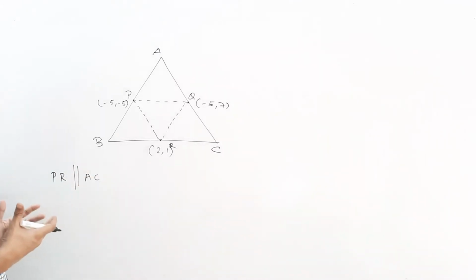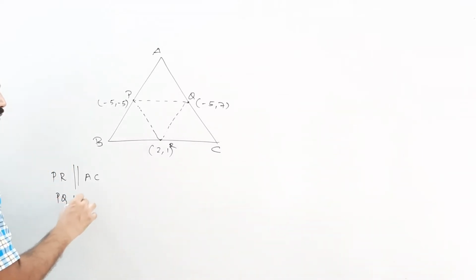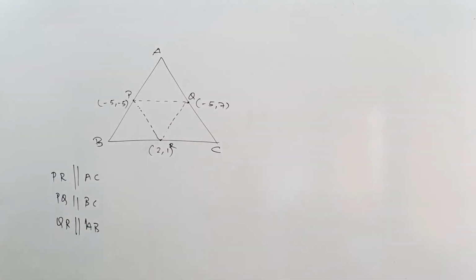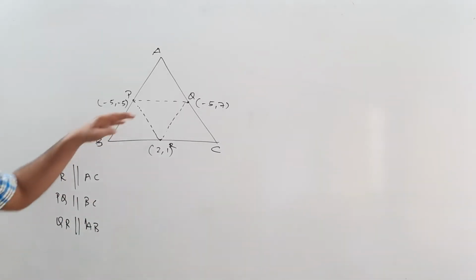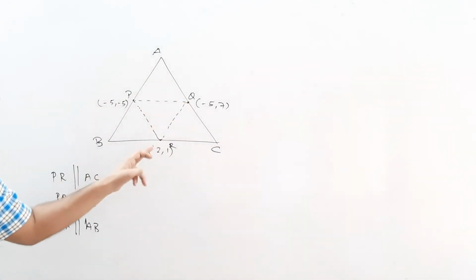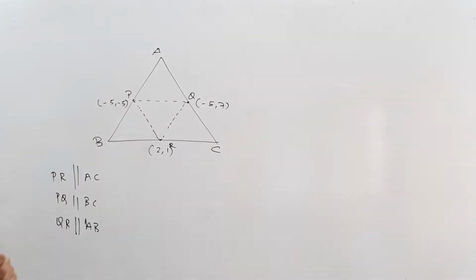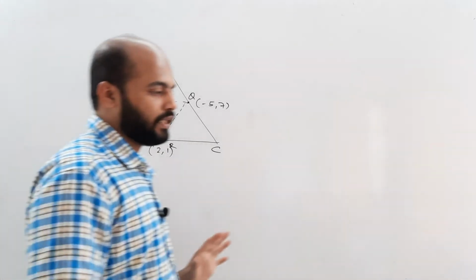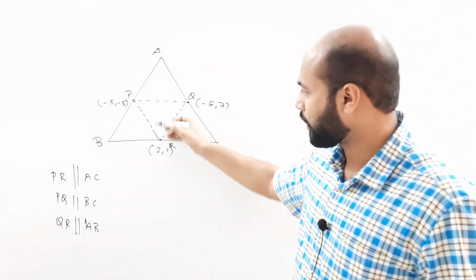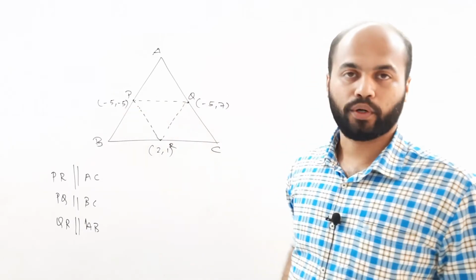From geometry we can prove this: PR is parallel to AC, PQ is parallel to BC and QR is parallel to AB. Now once we have achieved this, we can say that the slope of this line and this line is the same, the slope of this line and this line is the same, and the slope of this line and this line is the same. So if we can find this slope, it means that we can find the equation of this line with the help of the given point.